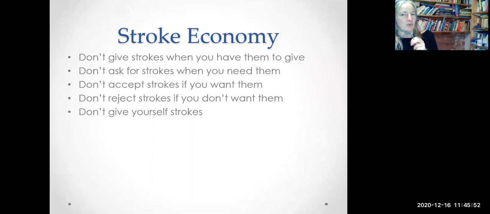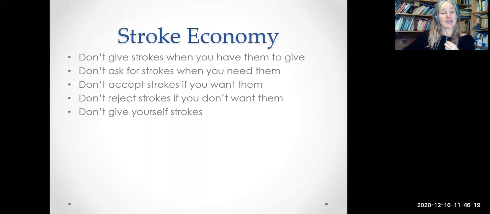Don't accept strokes if you want them. So this is when someone gives you a compliment, like, oh, you look really nice today, which actually you really want, but you go, oh no, I don't, because I haven't washed my hair. Or that was a really good mark you got in that essay, and you say, oh well, it could have been better. So even though you secretly want that stroke, you kind of don't allow yourself to hear it.